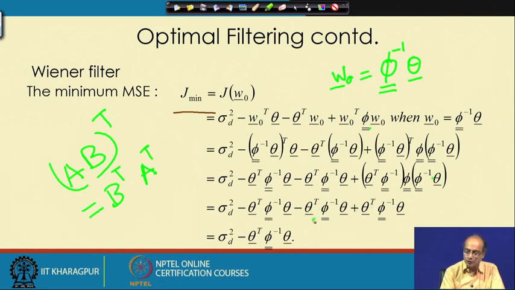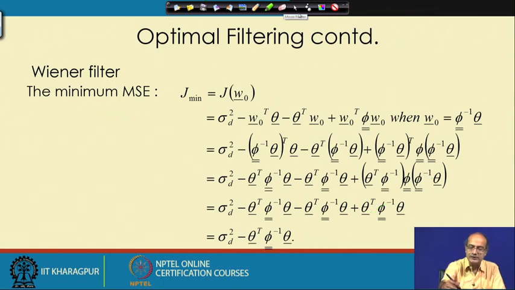So, two of them cancel with each other and we are left with this quantity. Okay. So, this is the minimum error we get. This is the interesting thing that we have to look at.